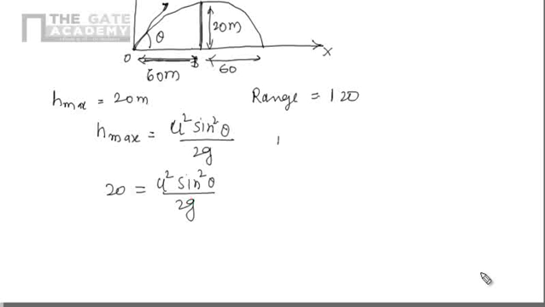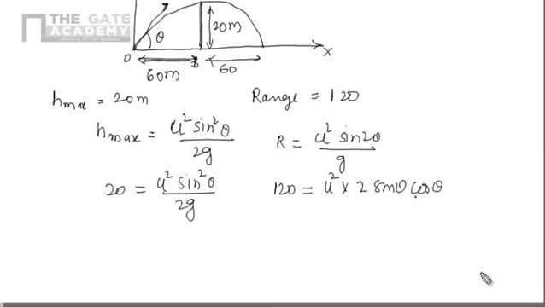Similarly, for range, we have the formula u square sine 2 theta by g. So 120 equals u square into sine 2 theta by g, and for sine 2 theta I can write 2 sine theta cos theta. So we have two expressions.